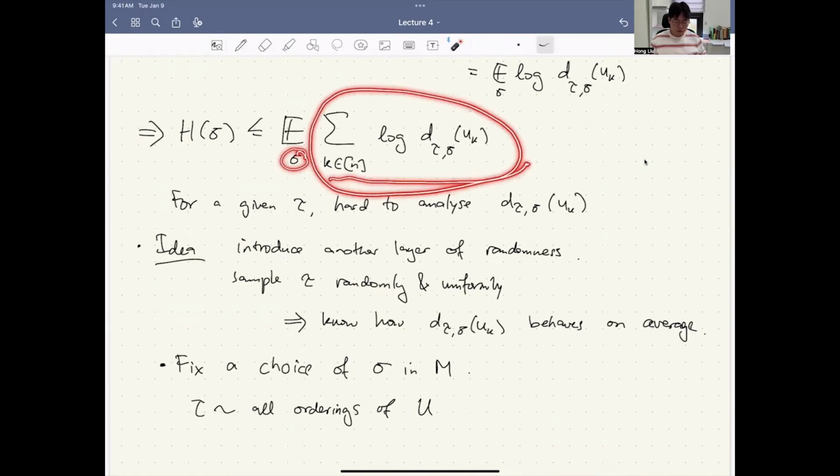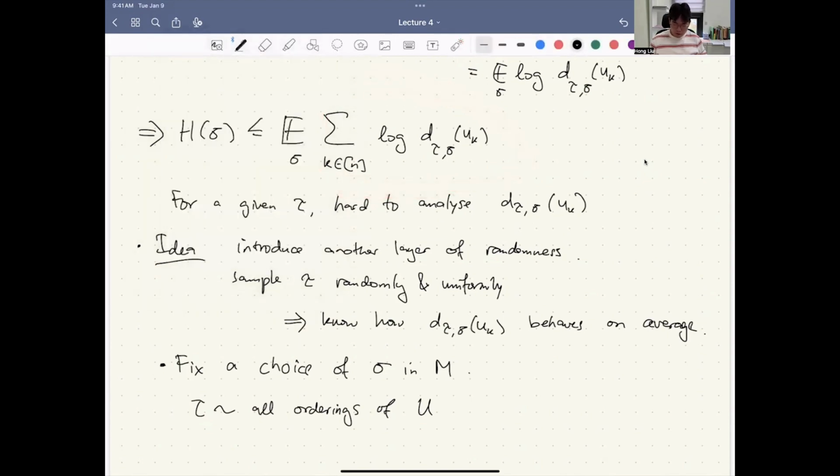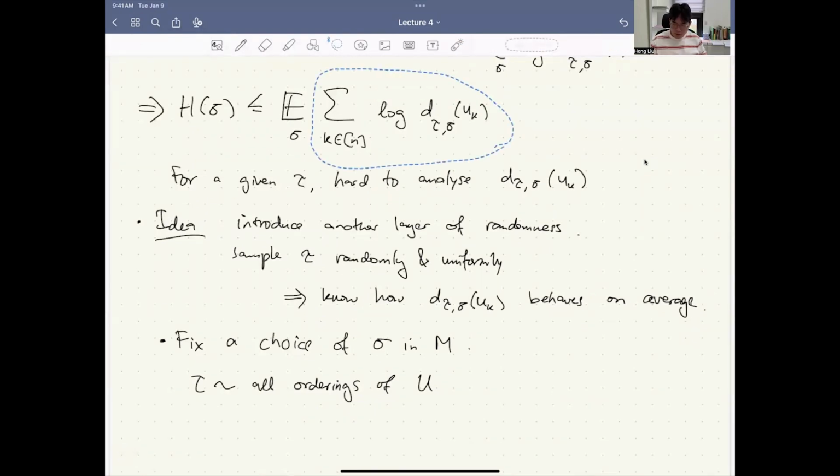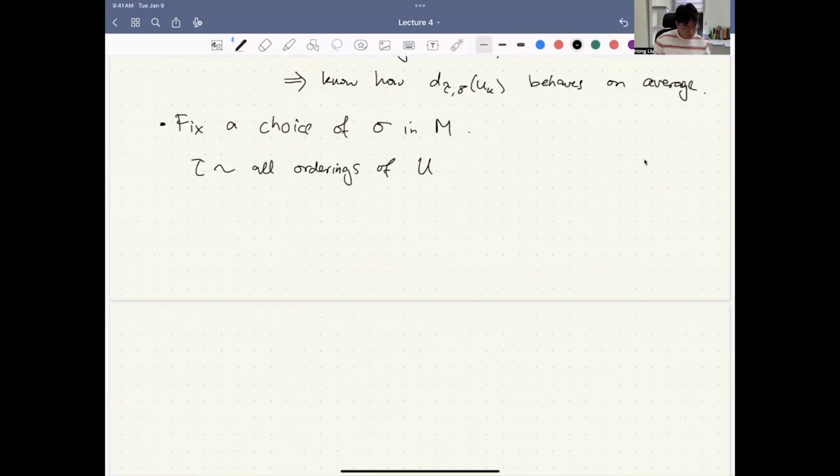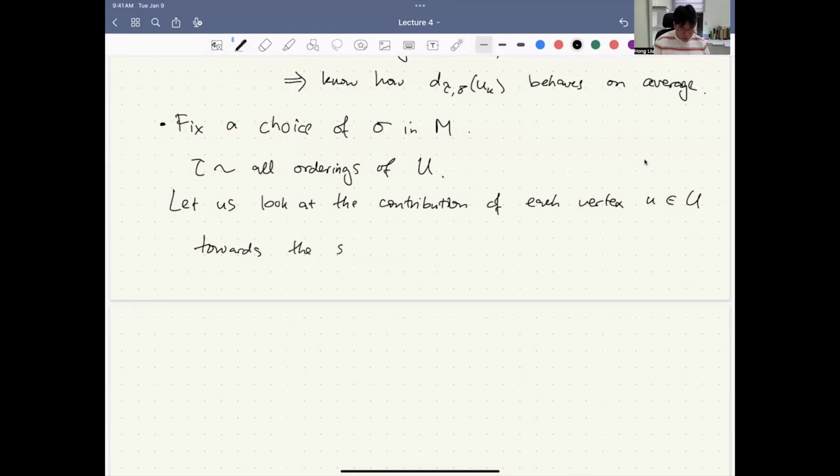Now we're going to look at the contribution of each vertex u in U towards this sum.